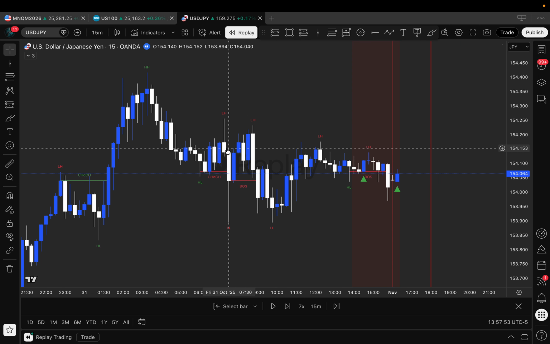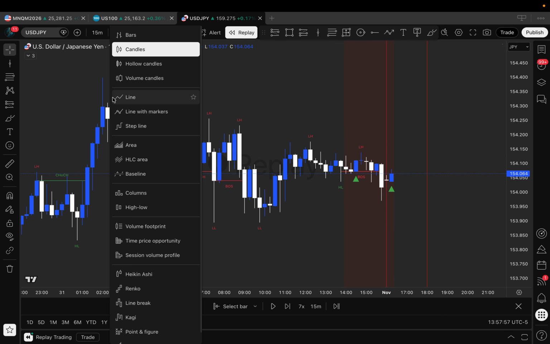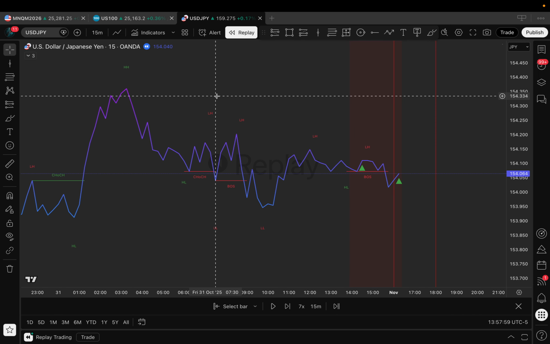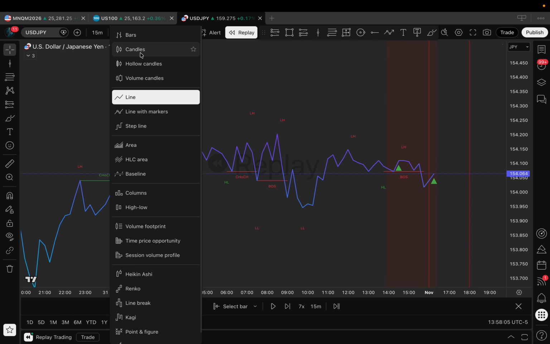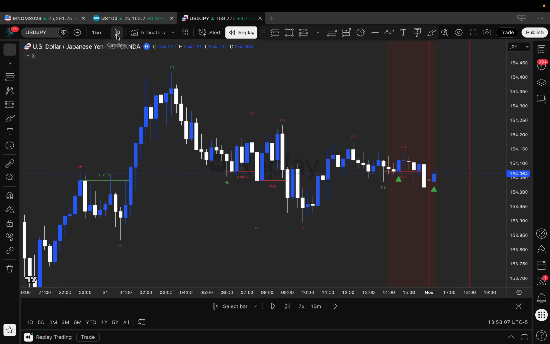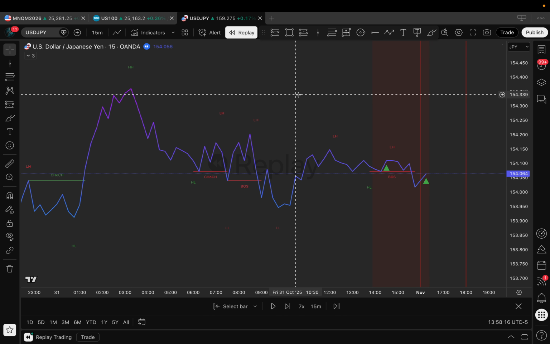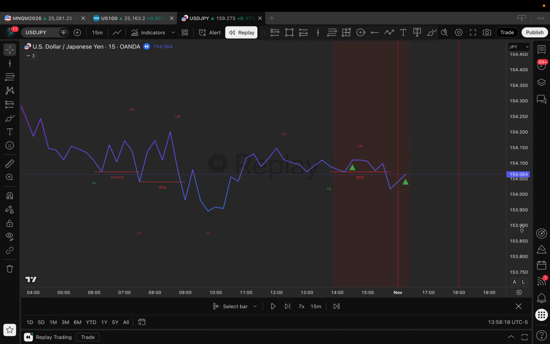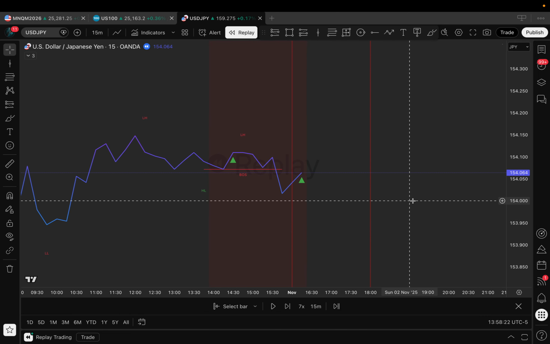So this is the trend, like you see. If you go next to the time here and click on candles, it will show candles. And if you want to know the trend of the market, you can click on line and see the higher lows and higher highs, or anything you aren't sure about on the candles.